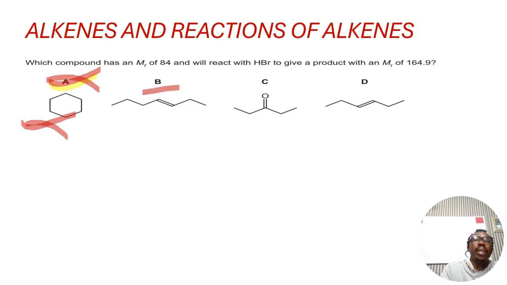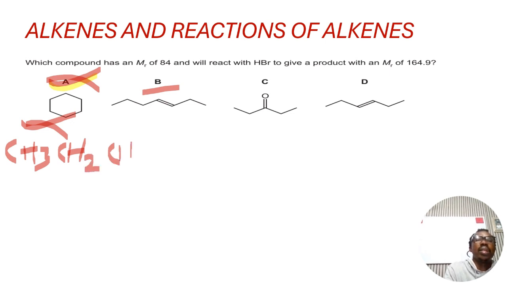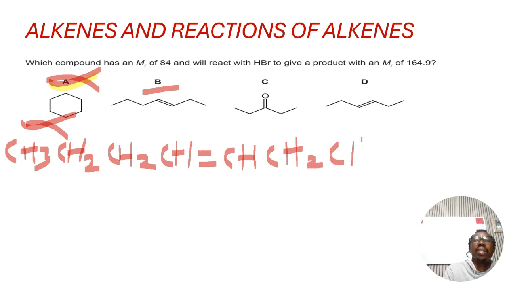Then let's look at B. B can react with hydrogen bromide through electrophilic addition, but we'll have to calculate the molar mass of B. So I have to write out the structural formula, which is CH3, CH2, CH2, CH, double bond, CH, then you have CH2, then you have CH3.